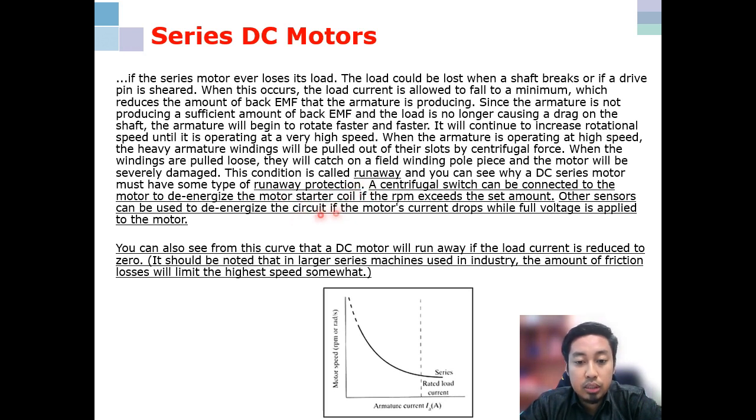A switch can be connected to the motor to de-energize the motor starter coil if the RPM exceeds the set amount. Another sensor can be used to de-energize the circuit if the motor current drops while full voltage is applied to the motor. So you can see the relationship.